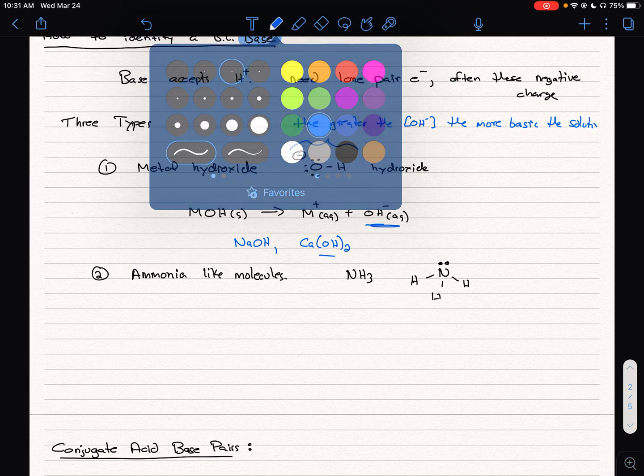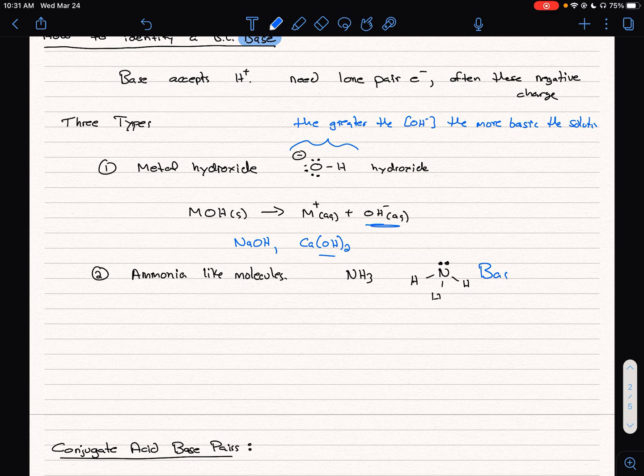And so this is going to be a fairly good base for us. And so what we're looking for is nitrogen with a lone pair and 3 bonds. Anytime you see this, it's a good chance that we're dealing with a base.